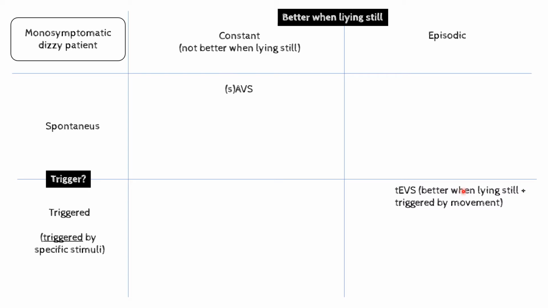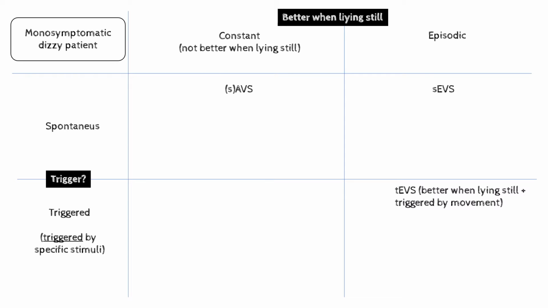So it's better when you're lying still, and it's triggered by movement. Then you have your spontaneous EVS, your spontaneous episodic vestibular syndrome, meaning that you have someone who's dizzy and it comes and goes without any specific trigger. So it can be when they're sitting or standing, or it can come on any time of the day. But it's episodic and it's self-limiting.